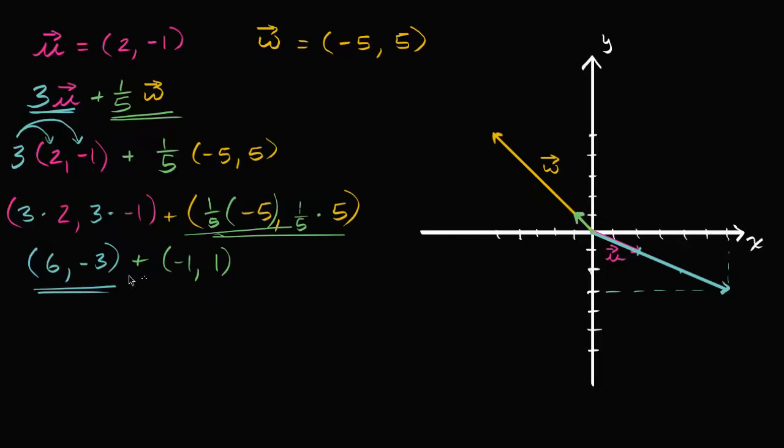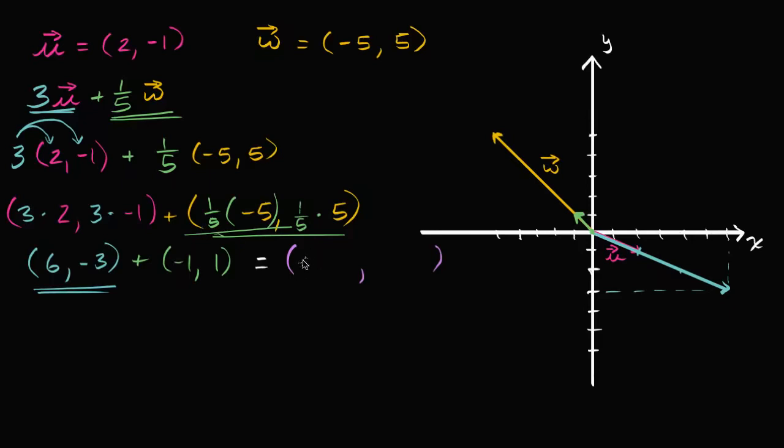And now we just want to add these two vectors. So if we add them by just looking at its components, the resulting vector, let me do this in a new color that I have not used yet. We're going to add the corresponding x components.